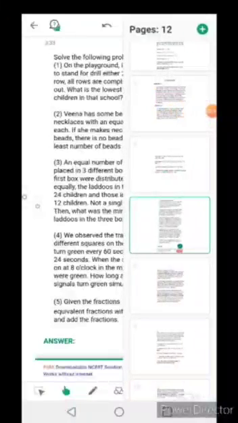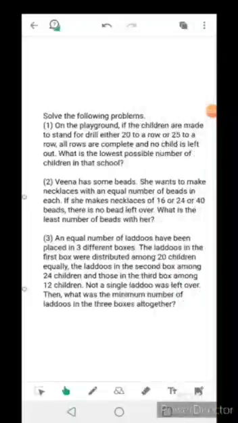Now the first problem: on the playground, if the children are made to stand for drill, either 20 to a row or 25 to a row, all rows are complete and no child is left out. Okay, means remainder is 0. What is the lowest possible number of children in that school? You will have to find the lowest possible number of children.